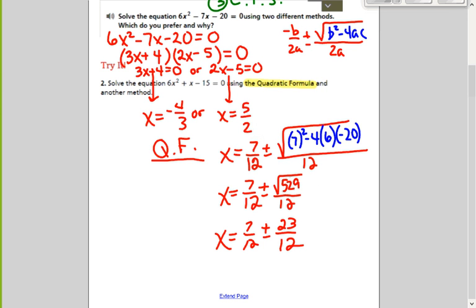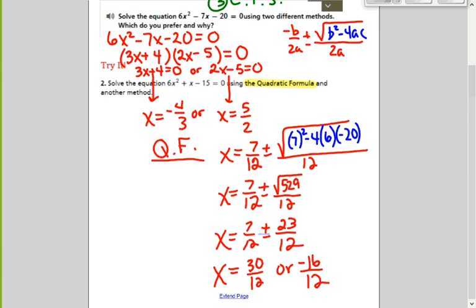So here's where the 2 solutions will come from in the quadratic formula. First, we do 7 plus 23 and put it over 12. Then you do 7 minus 23, which is negative 16, and you put that over 12.